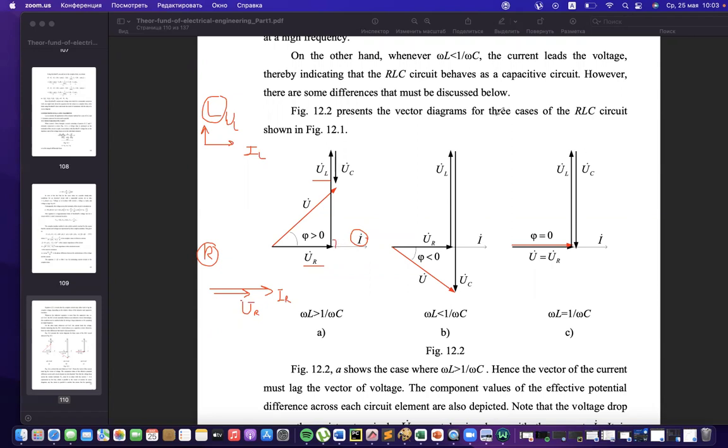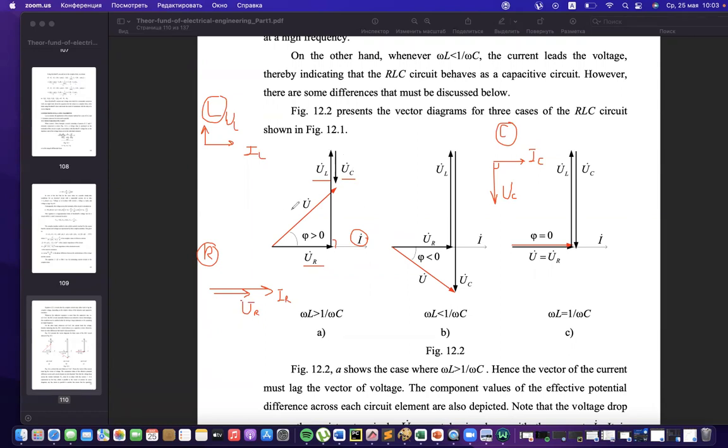And for the capacitor, I will draw it here. For the capacitor, current and voltage should make a minus 90 degree angle. Here it is, current and voltage, minus 90 degrees.